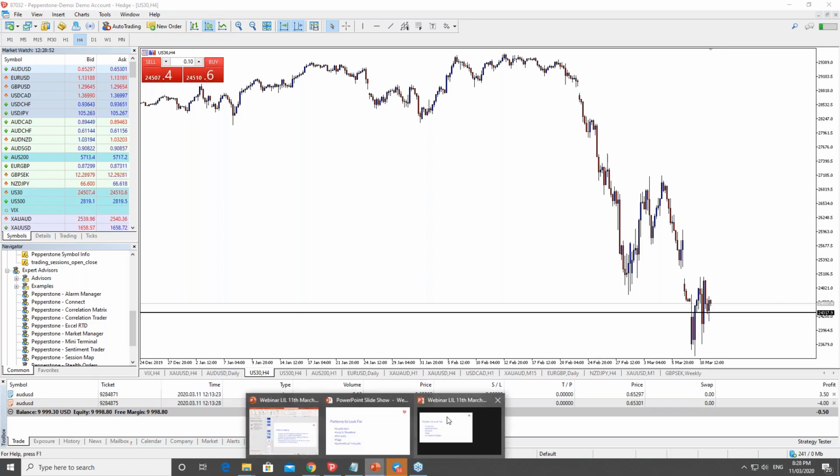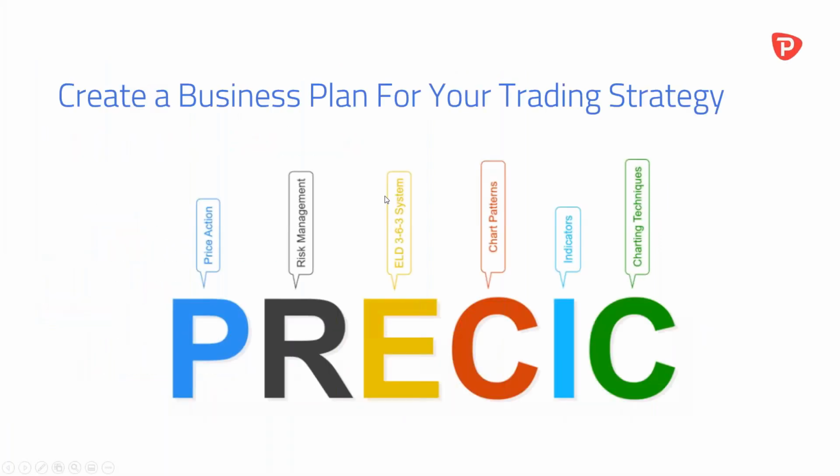Okay, we'll get back into some things we look for. During hedging times, we also want to have a business plan for our trading strategy. It's very, very important when it comes to hedging. We want to say, okay, we're going to enter based on certain criteria. Let's say it was price action, chart patterns, indicators, some charting techniques, and of course, we're going to use our risk management.